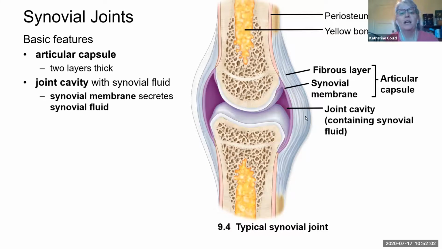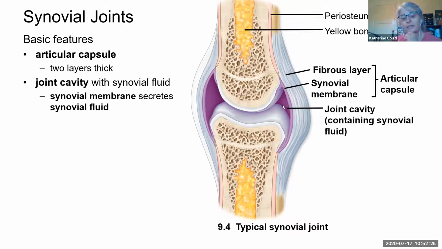Synovial fluid. So synovial fluid is this fluid that fills the articular cavity or the joint cavity and provides more cushioning between the bones, or between the articular cartilage, and helps the joint move more freely. Also provides cushioning for stress.